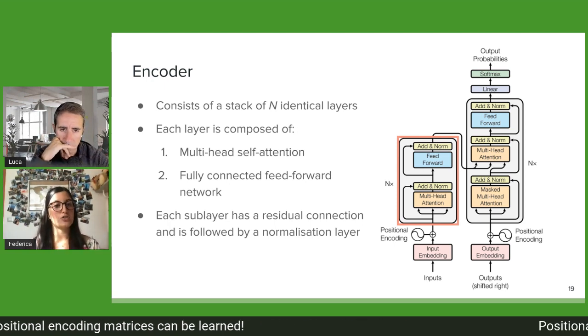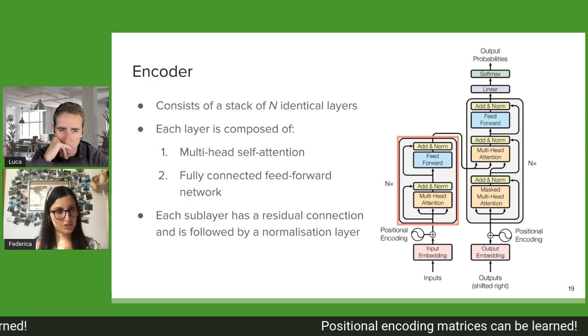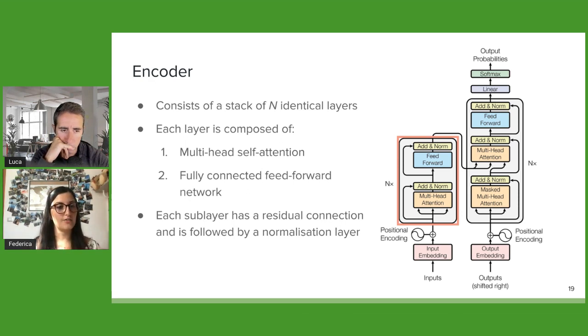And each layer is composed of two sublayers. So we have multi-head attention and the fully connected feed-forward network. I will explain what multi-head attention is, but what you have to know is that each sublayer has a residual connection, so that the output goes back into the input, and a normalization layer.